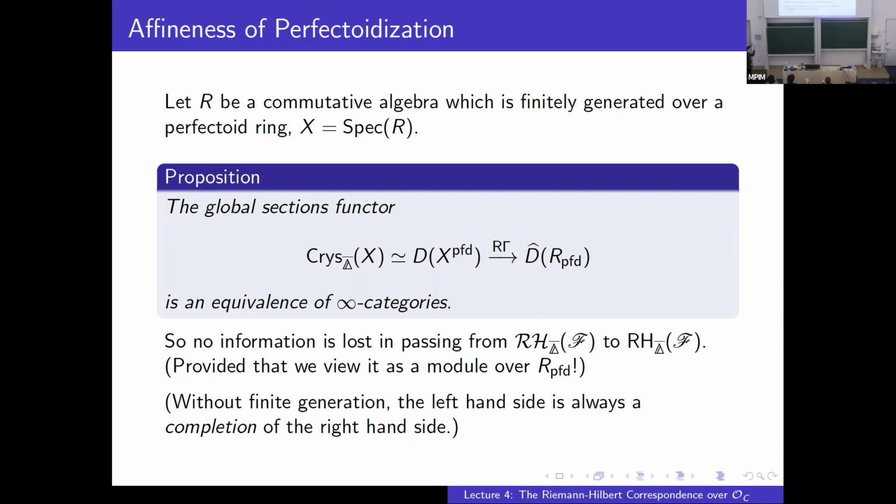And let me remark, the finite generation is not something you can completely eliminate here, but if R is just defined over an E-infinity algebra, these two categories are still closely related to each other. The left-hand side can always be viewed as a sort of completion of the right-hand side.